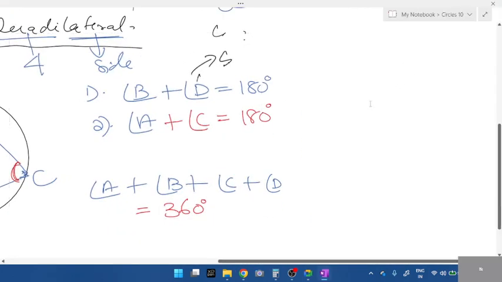Yeah, converted, Bhargavi. Sum of two angles, opposite, yes, sum of opposite angles. Which topic is this? In a cyclic quadrilateral is equal to.